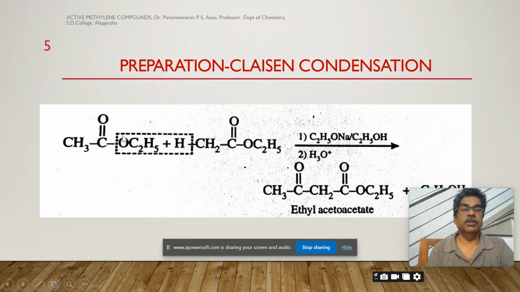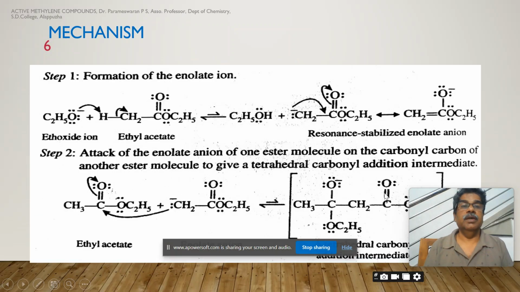Okay, so here OC2H5 and H, an ethanol molecule, is removed, and both are connected together to form CH3C double bond O, CH2C double bond O, OC2H5. This is a condensation reaction, and it is known as Claisen condensation. So the product is CH3COCH2COOC2H5, and this is the mechanism.